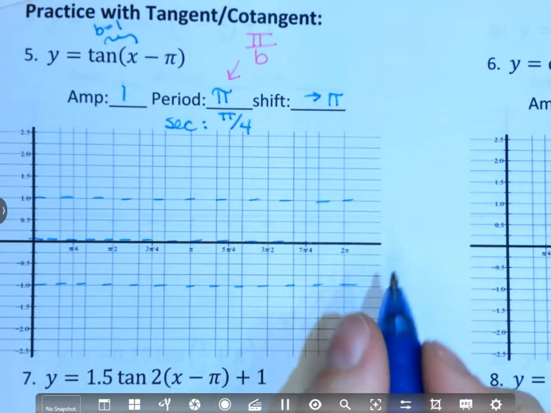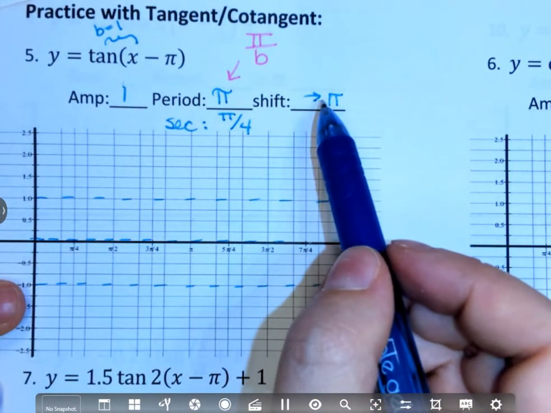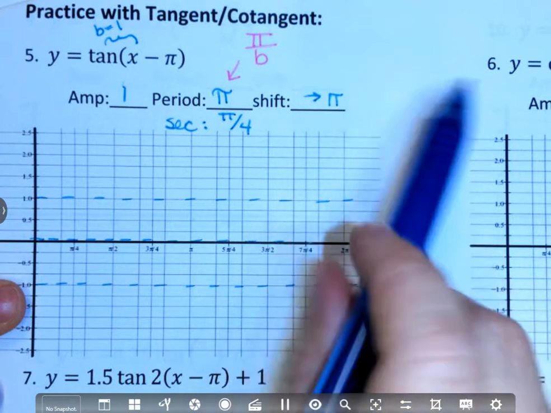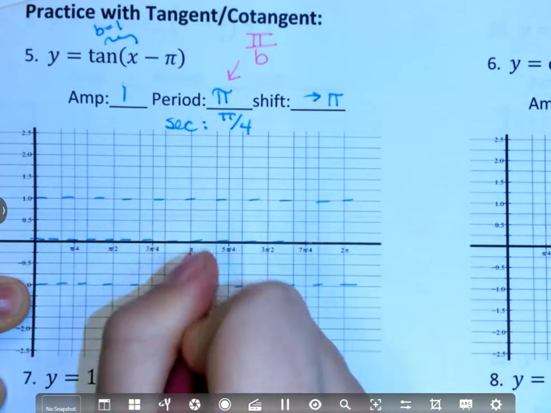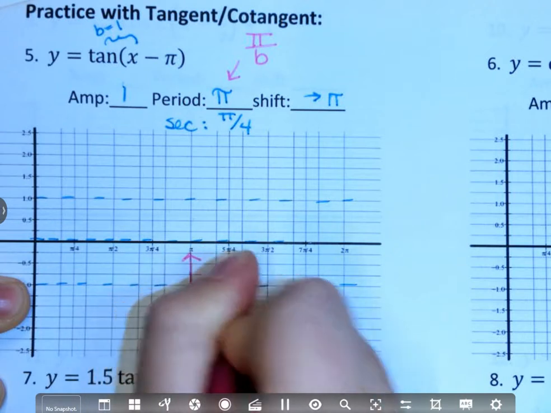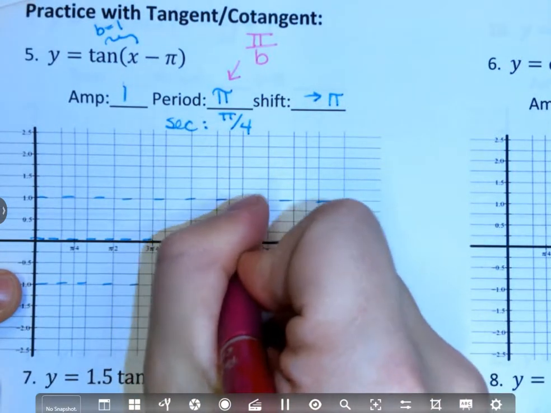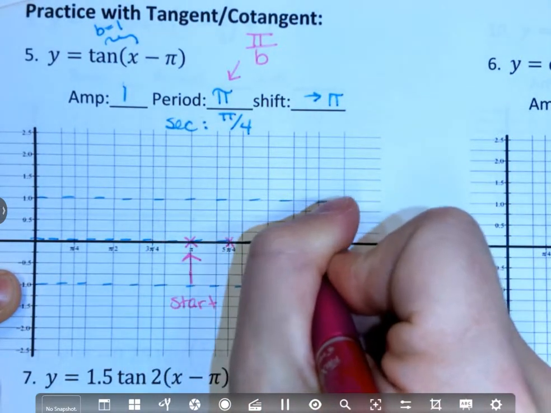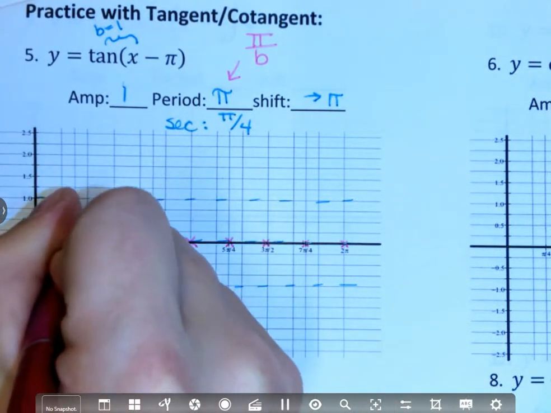And I'm going to go, can I go to my right pi? I can do that. That's on my graph. That means this right here is going to be my start. From there, I'm going to do all of my sections out pi over 4. I got to remember to do it both directions.